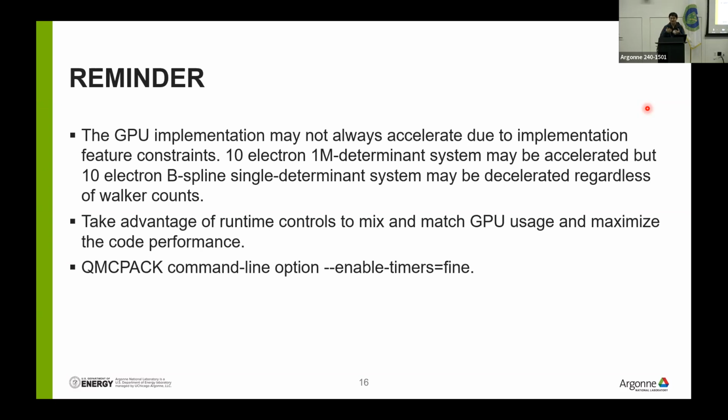Or the algorithm is only efficient for large problems, not for small problems. So you can use the GPU option, yes or no, to opt in or opt out of certain features to maximize the use of the GPU and also the performance.